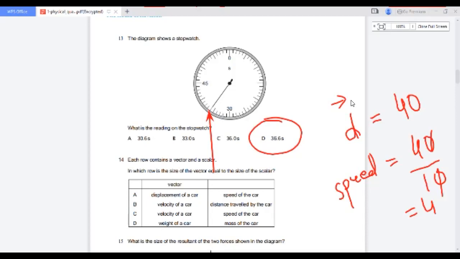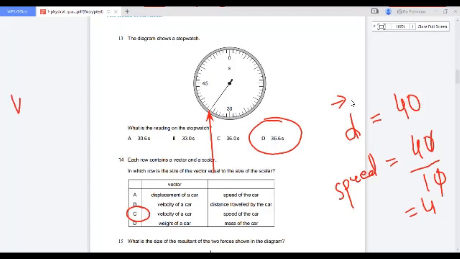Velocity of the car and speed of the car. Velocity and speed are similar kinds of things. The only difference is velocity is a vector quantity and speed is a scalar quantity. So I think it's the correct option. And now D is weight of the car.